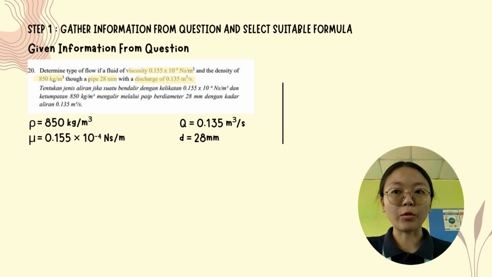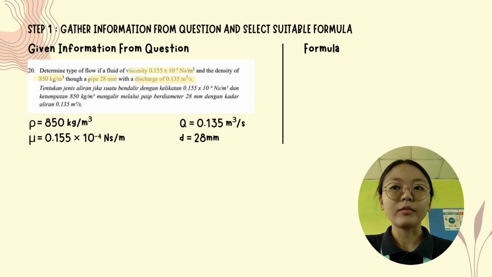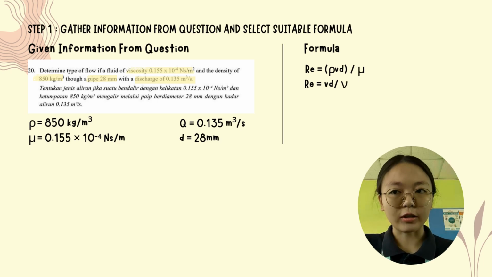The formula that we will be using to find the Reynolds number is either density multiplied by velocity and diameter over dynamic viscosity, or velocity multiplied by diameter over kinematic viscosity.